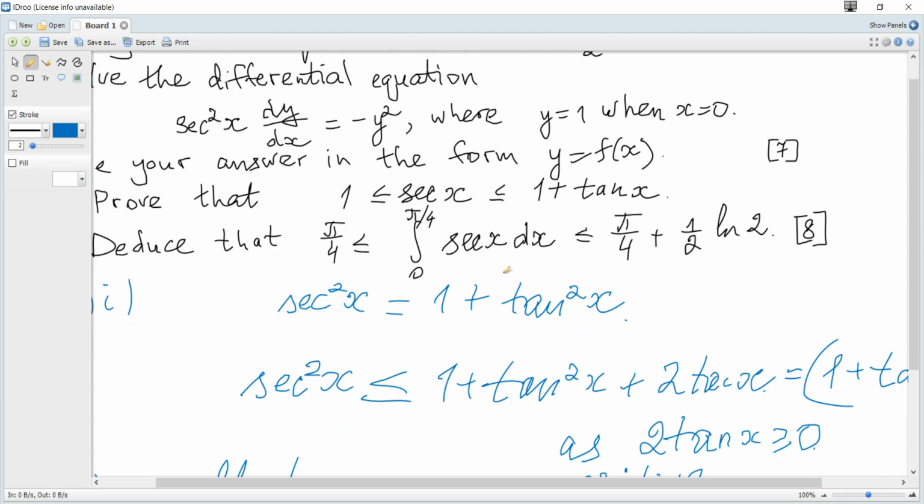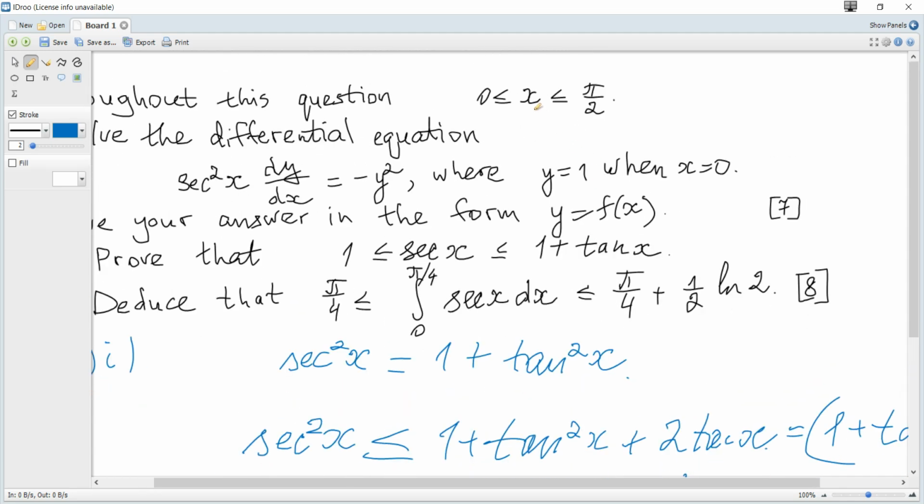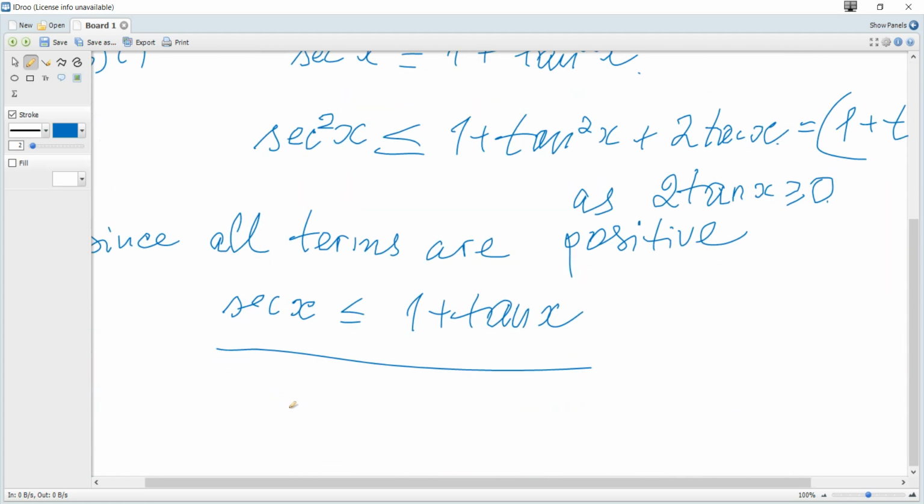Actually, it can be proven if you consider secant to be 1 over cosine, and for x from 0 to pi over 2, cosine changes from 1 to 0, and 1 over cosine changes monotonically, so the overall expression changes from 1 inclusive to plus infinity.